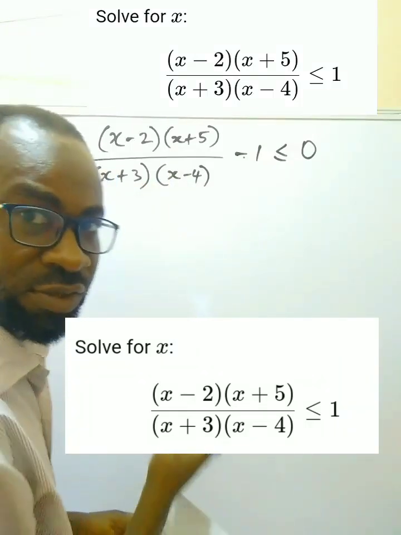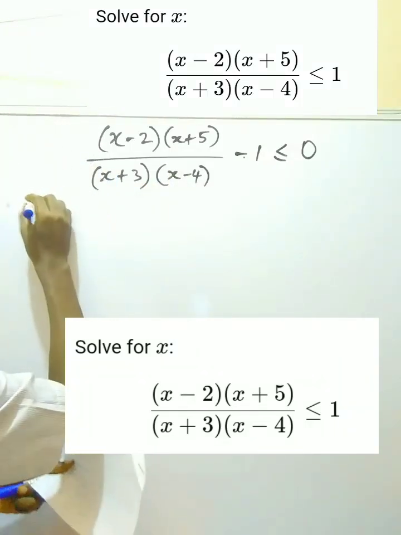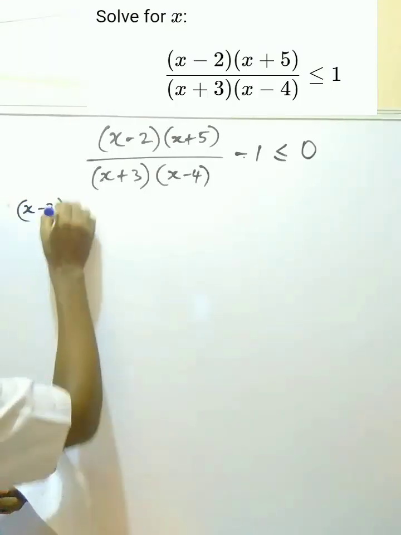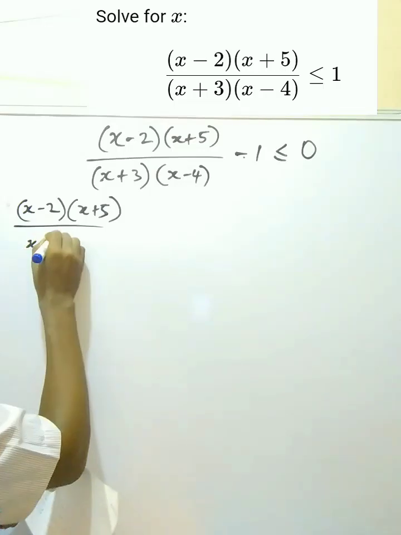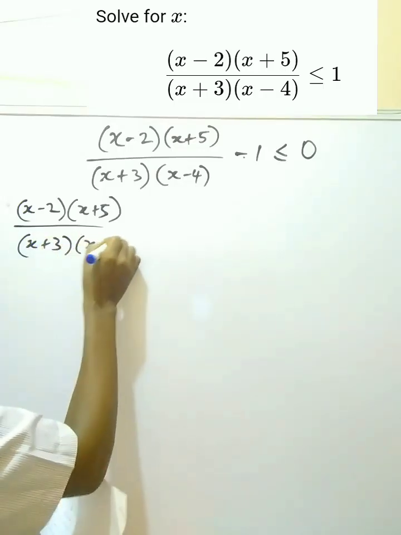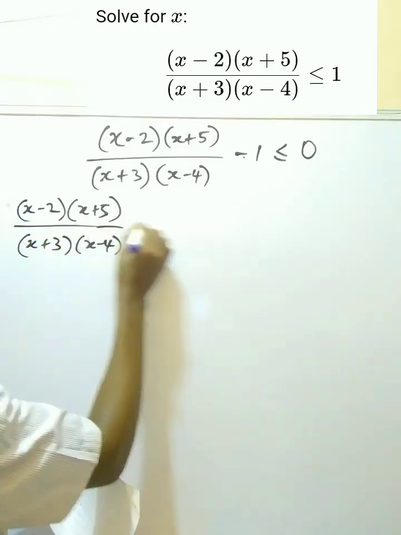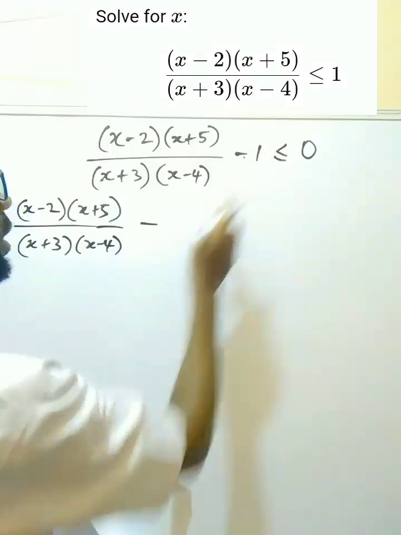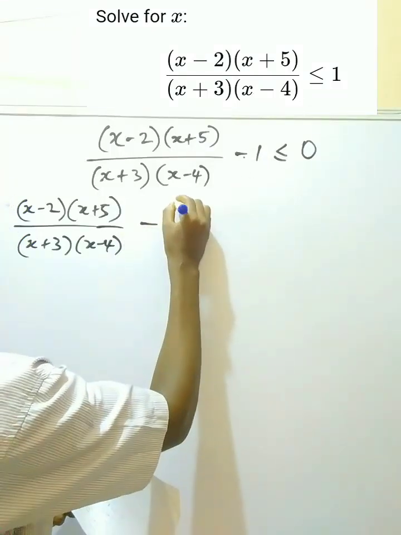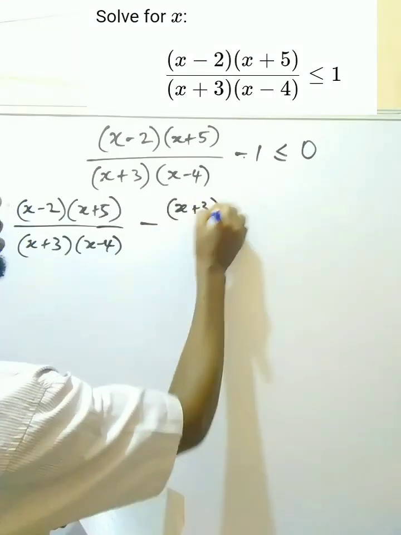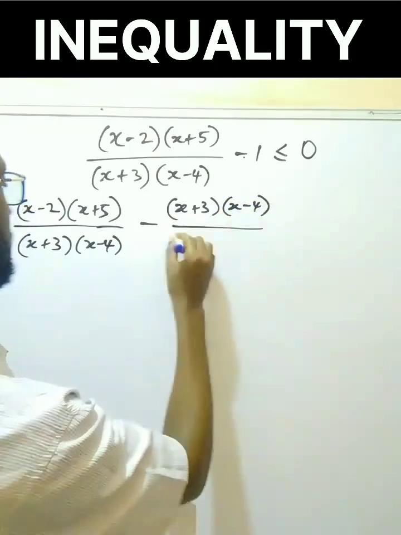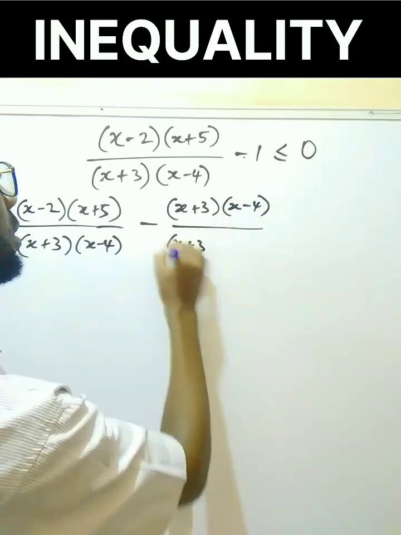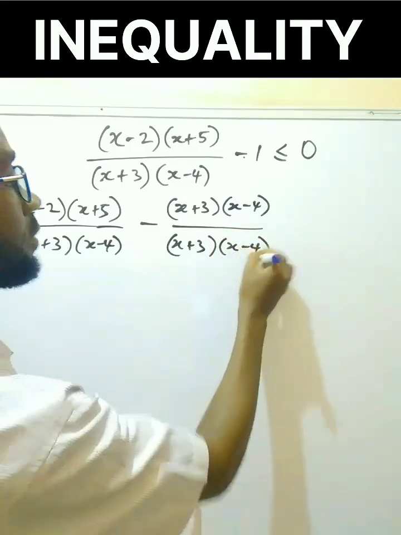I can as well do this as (x minus 2)(x plus 5) all over (x plus 3)(x minus 4). Now in place of this 1, I can write (x plus 3)(x minus 4) all over (x plus 3)(x minus 4).